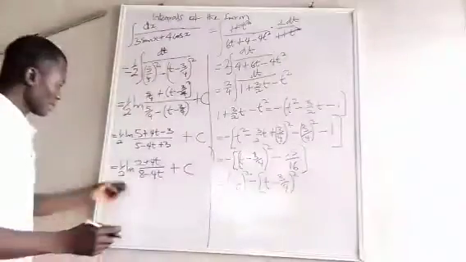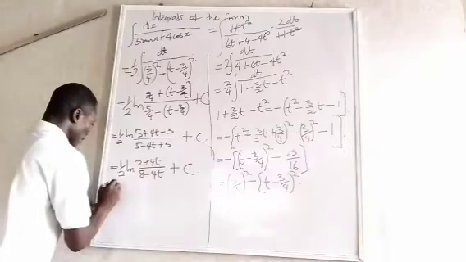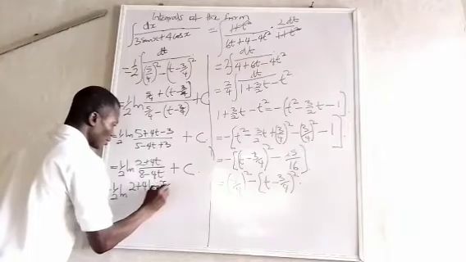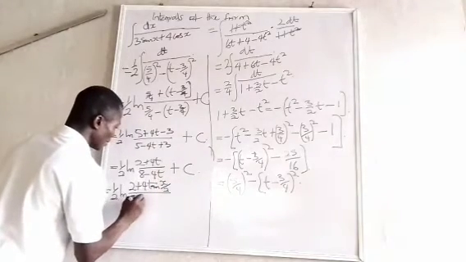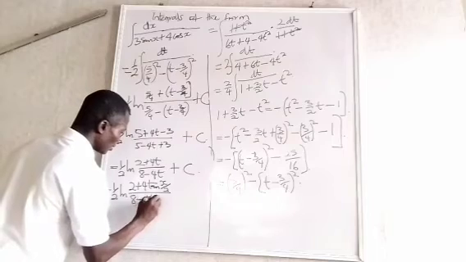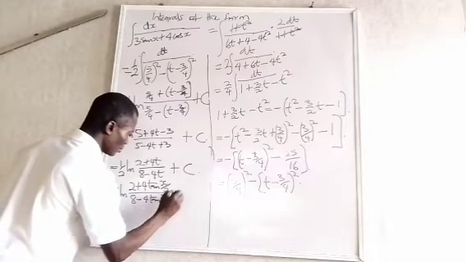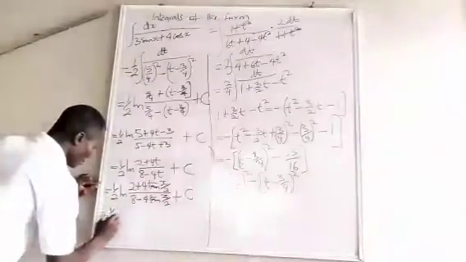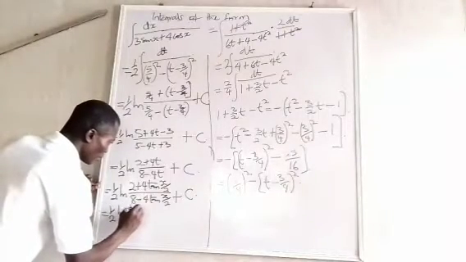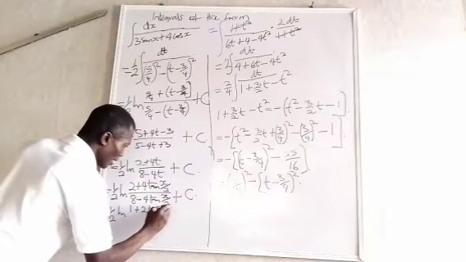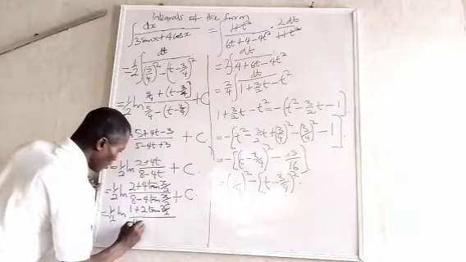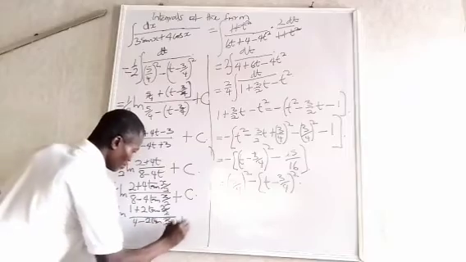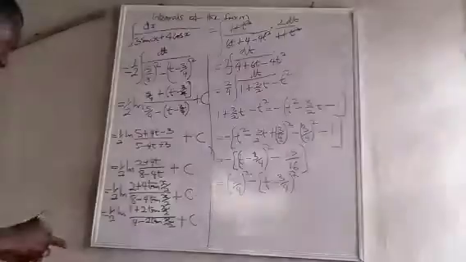And we know that t is tan x over 2. So we can also express it like half ln 2 plus 4 tan x over 2 over 8 minus 4 tan x over 2 plus c. You can still divide this one by 2. So we have half ln 1 plus 2 tan x over 2 over 4 minus 2 tan x over 2 plus c. So if you want to divide more, you can still go ahead and do that.